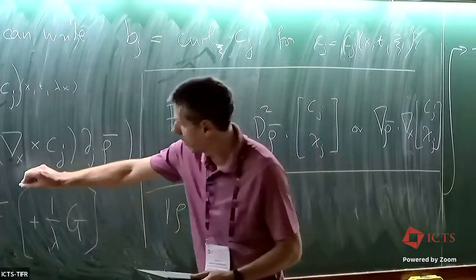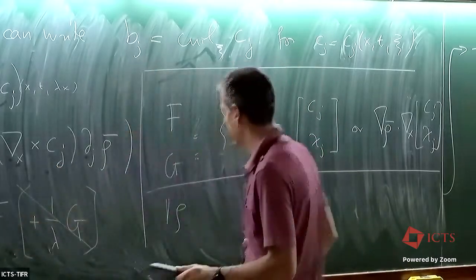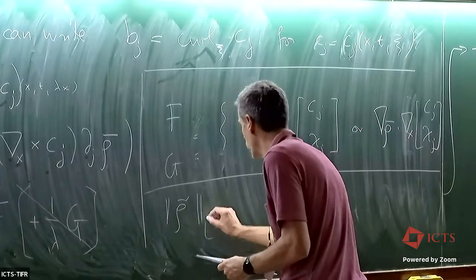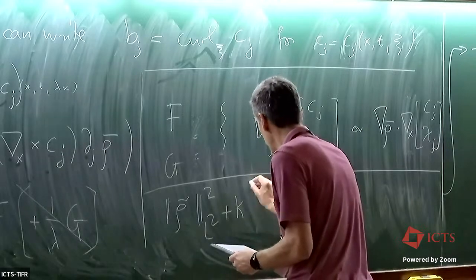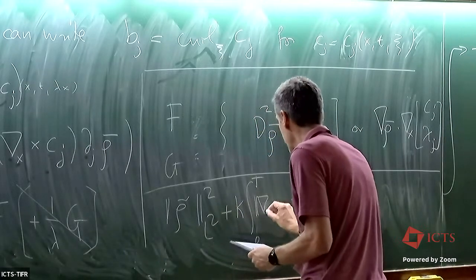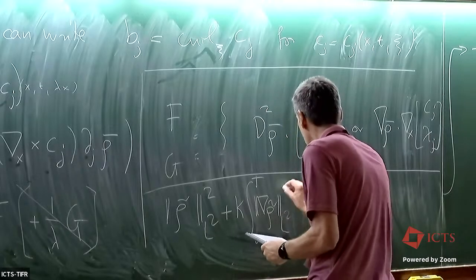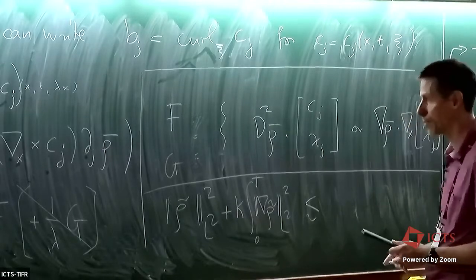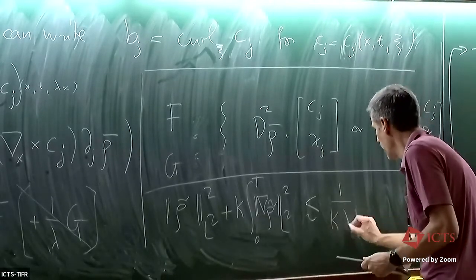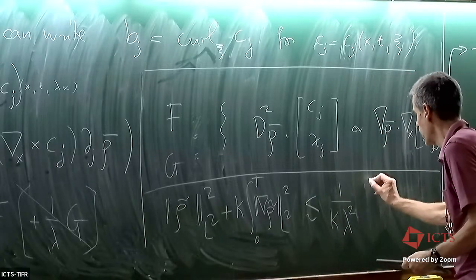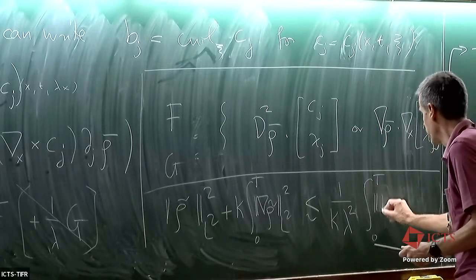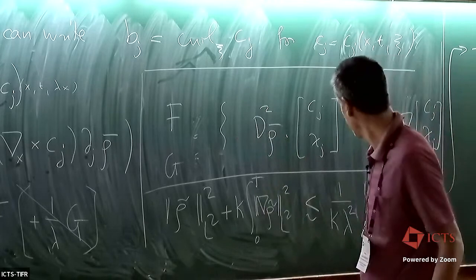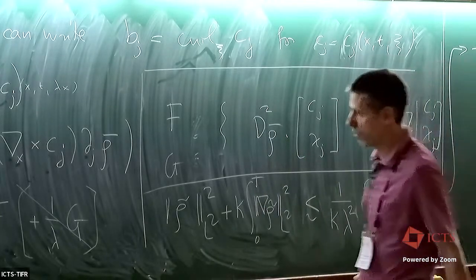If I just forget that there is this type of term, here the energy estimate will be that, for instance, the L2 norm squared plus kappa times the integral of the gradient is bounded by 1 over kappa lambda squared times the integral in time of the L2 norm of f squared. There is the 1 over kappa, which is the ellipticity, and 1 over lambda squared because everything is squared.